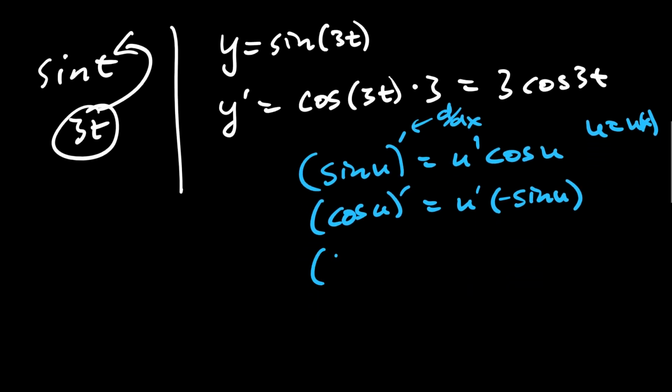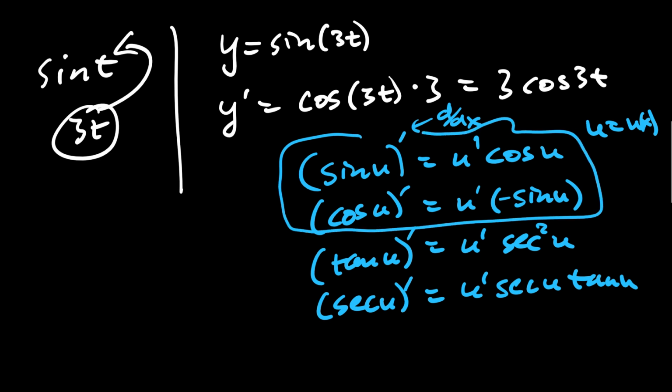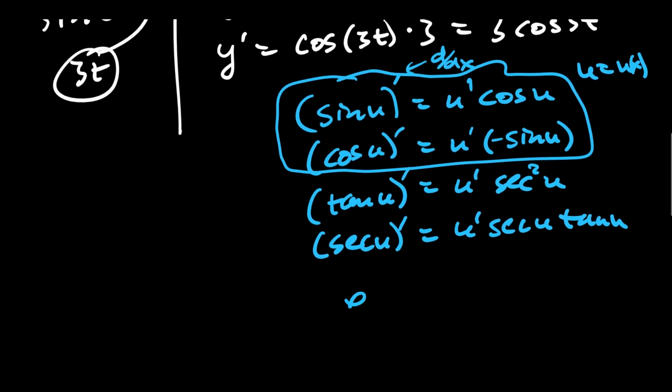Let me see if you can notice a pattern here. The derivative of tangent of u is u prime secant squared of u. The derivative of secant of u is u prime secant u tangent of u. All right? So it'd be nice if you memorize this pattern right here, just like we wrote down the one for e to the u. The derivative of e to the u is u prime e to the u. You see how this works?